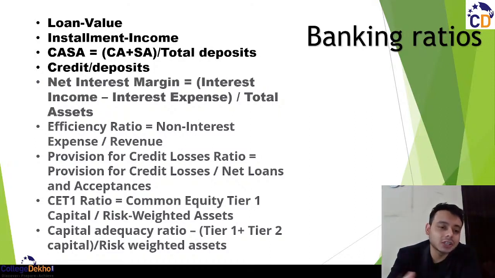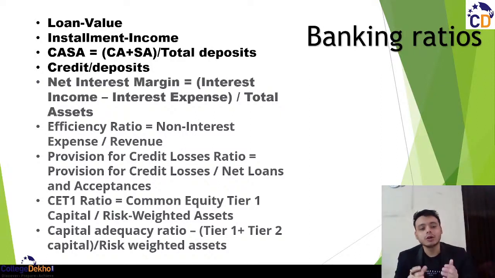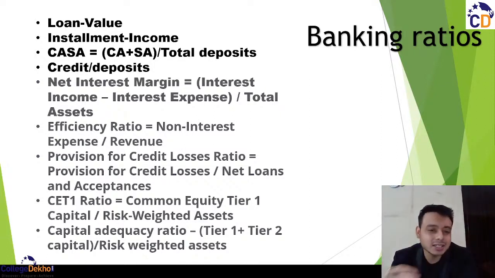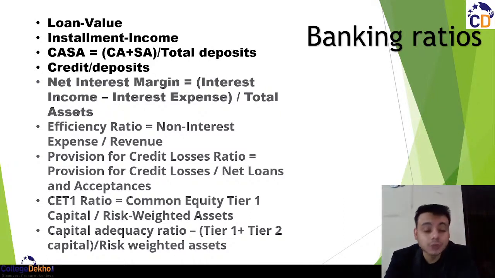When you go to a bank, there is a lot of paperwork. So there is a basic commission charge for this paperwork, or traveling expenses when a banker goes from his own bank to a party's house. All these are basic expenses which are non-interest bearing, and these are included in the efficiency ratio, divided by revenue.